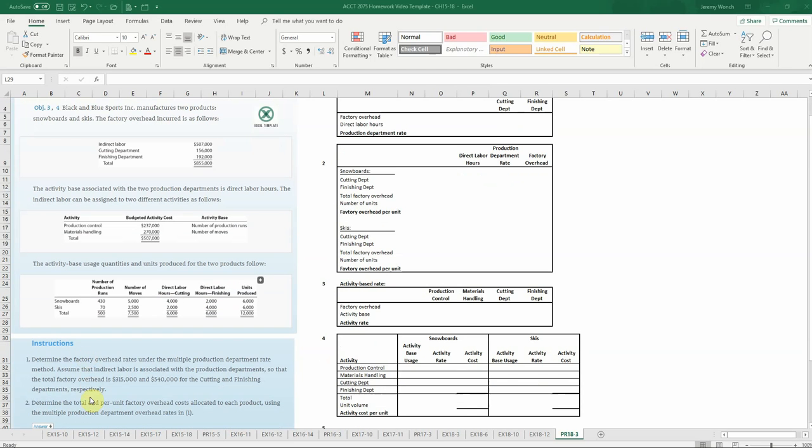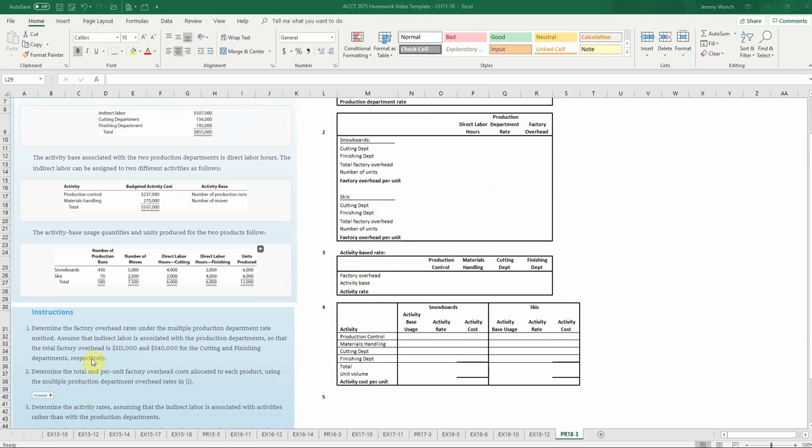Part one says determine the factory overhead rates under the multiple production department rate method. So we're breaking costs out per department instead of per activity here. The total factory overhead is $315 and $540 for the cutting and finishing departments, respectively.